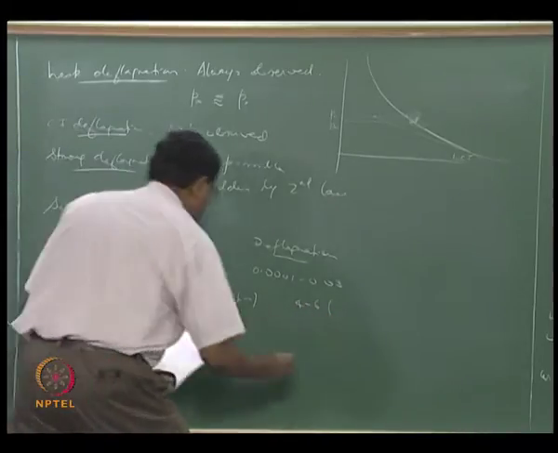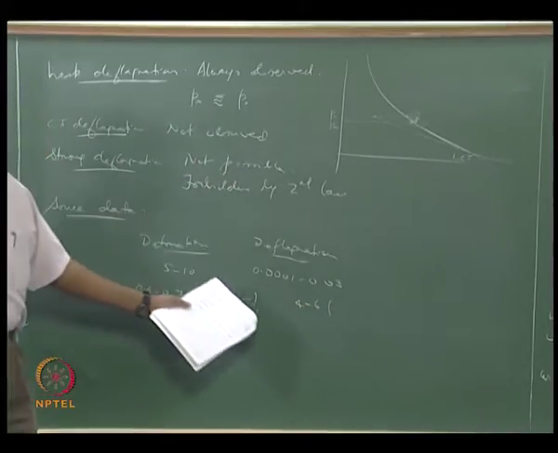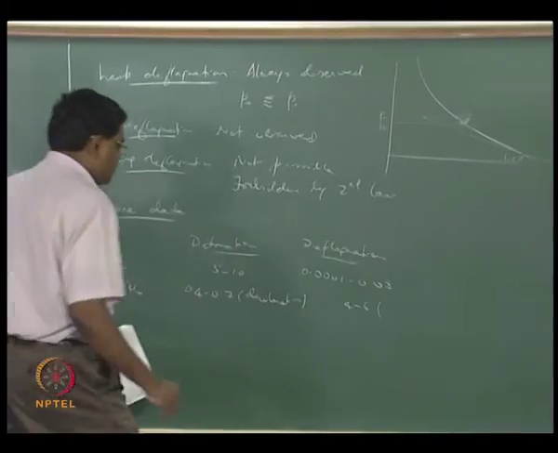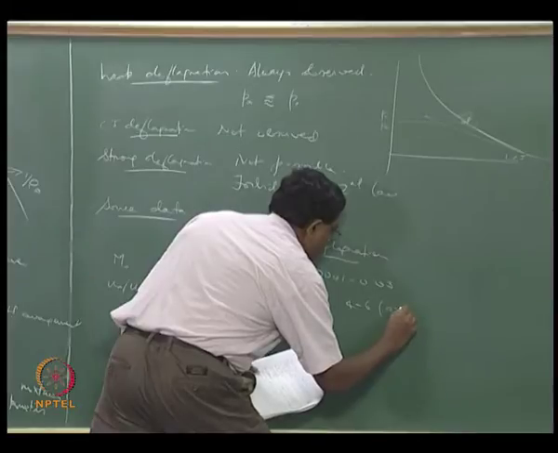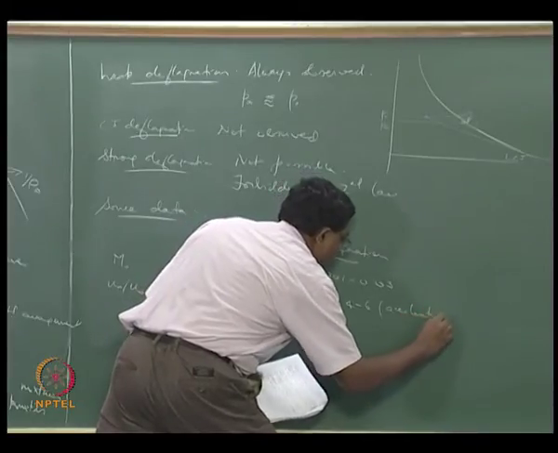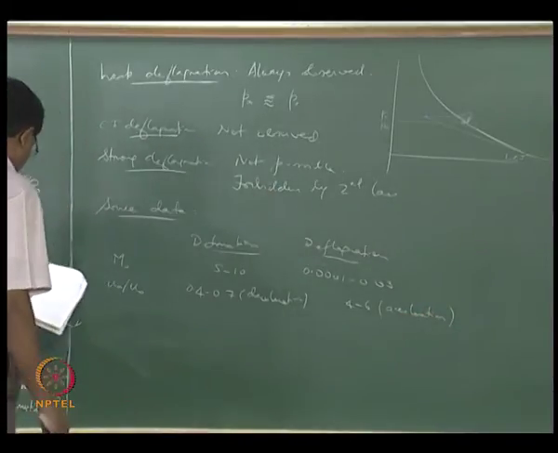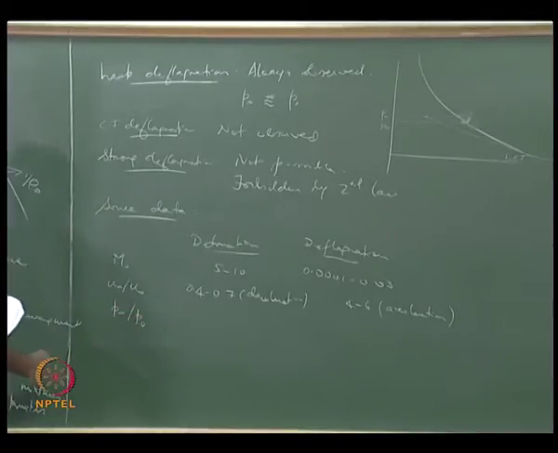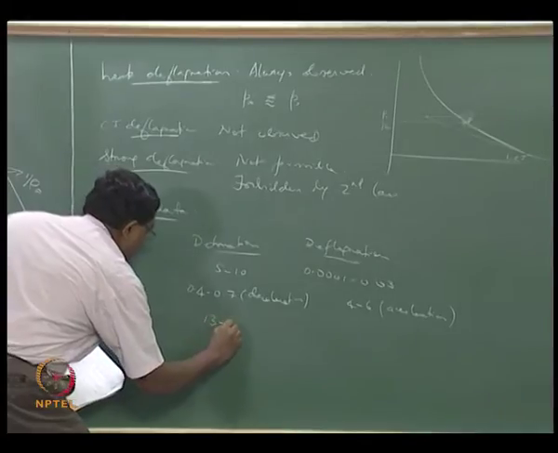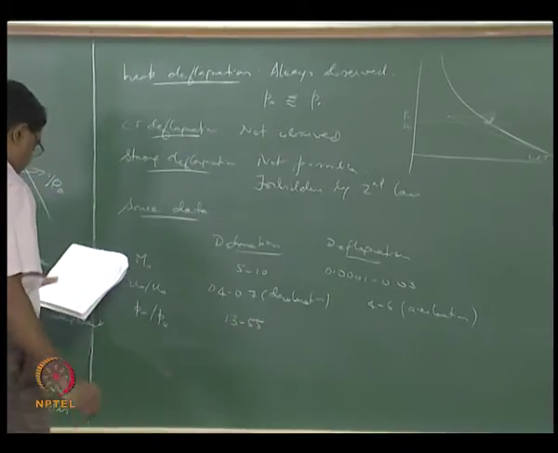You can work this out. If you assume constant pressure, you can work this out to be about 4 to 6 based on the temperature change. This is acceleration. P infinity over P naught, look at this number, 13 to 55, compression.